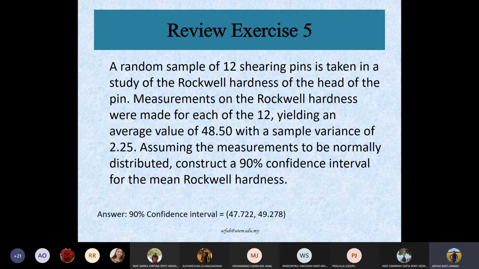So ni case 1, case 2, case 3 or case berapa? Case 4. Sigma is unknown, n is small. So ia akan menggunakan which distribution? T, yep, betul lah. Cuba kira dia punya ni.